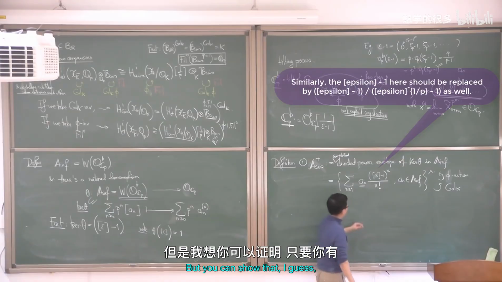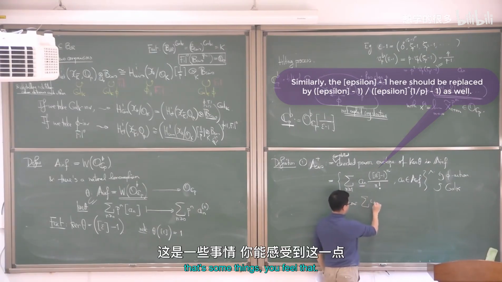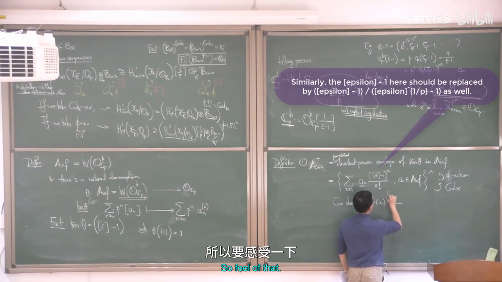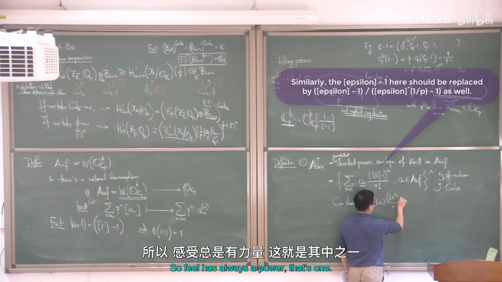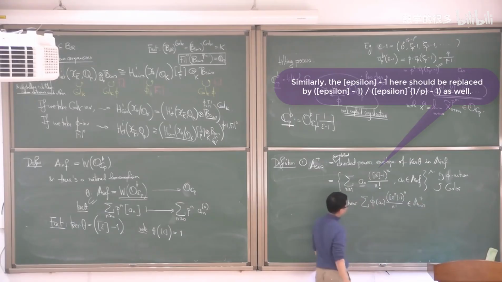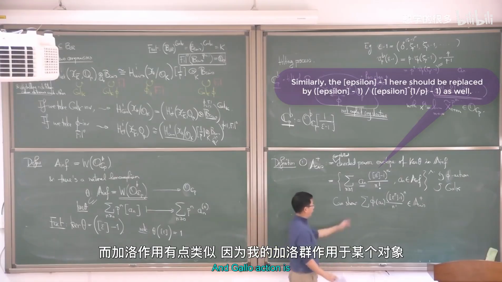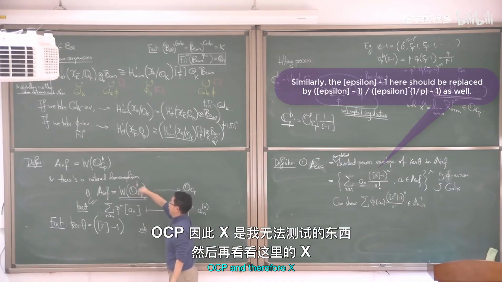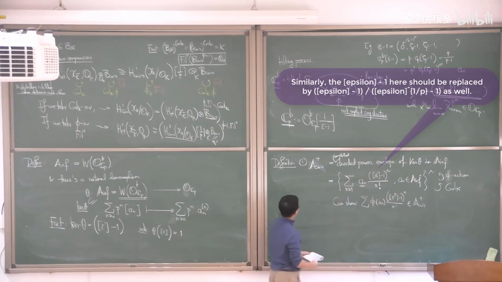But you can show that whenever you have such things, it is therefore stable under phi in some sense. And the Galois action is the same thing, because my Galois group acts on O_C^flat, and therefore acts on the Witt vector of such things, and then acts over here.